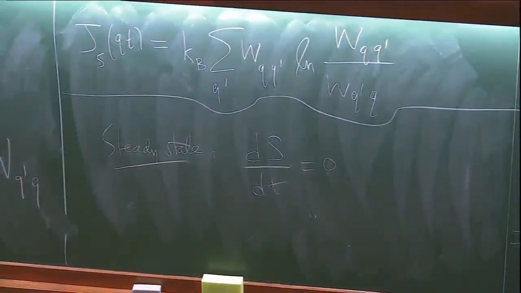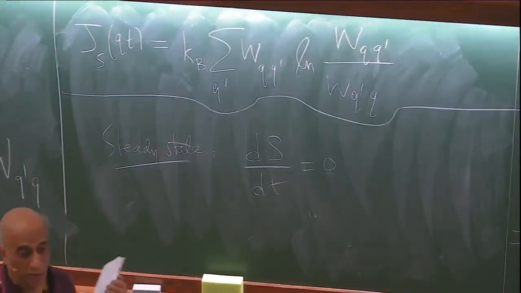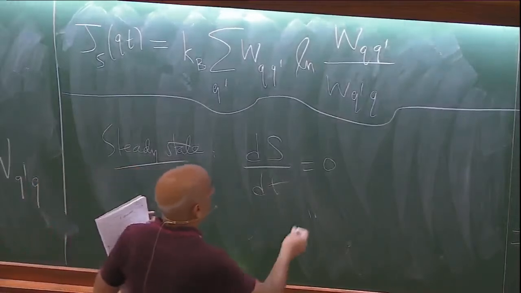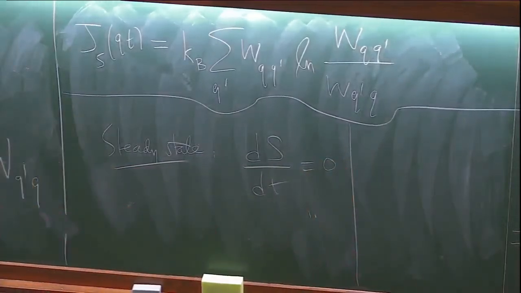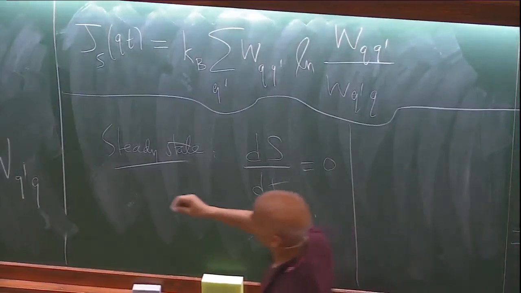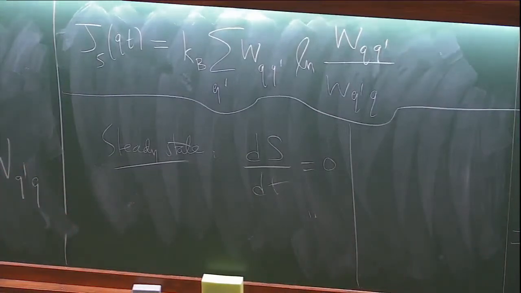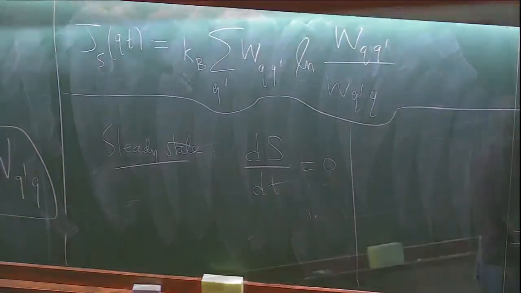And if p of q and t is independent of t, then ds over dt is 0, right? And in that case, we have a general steady state in which this thing which we're calling production balances this thing which we're calling flux. But in the special case, both are separately 0.